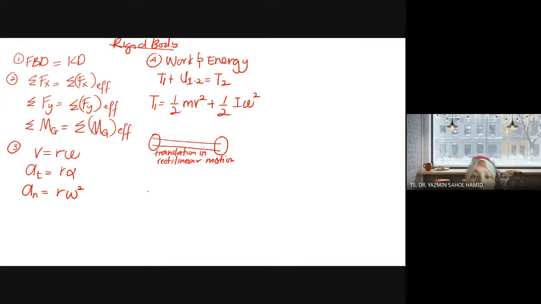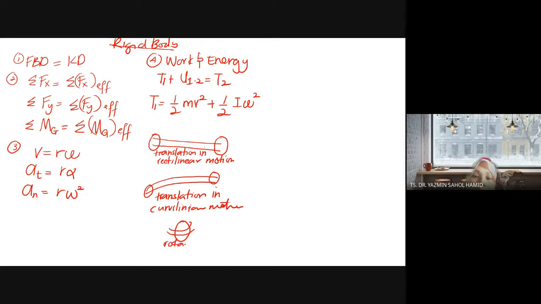Do you remember? Translation in rectilinear motion. And then we also have translation in curvilinear motion. And then we also have rotation.